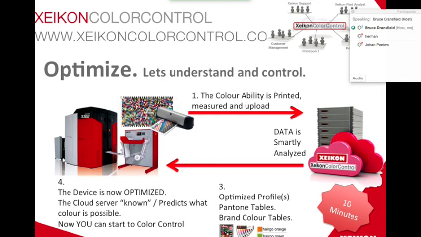So for example, our Xicon here, and if we were to use the Xicon colour control solution, we would print a target, measure that target, upload that target, and receive an output profile back.